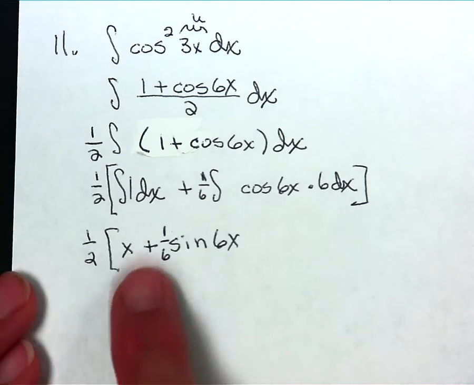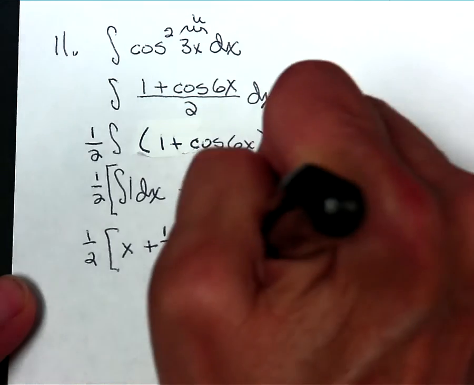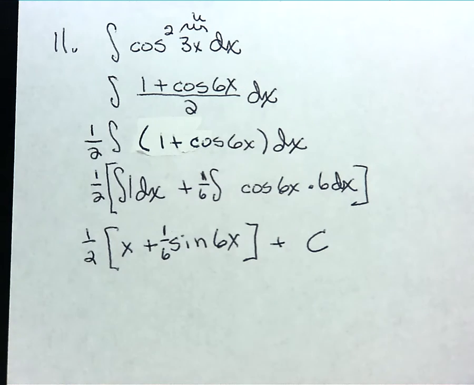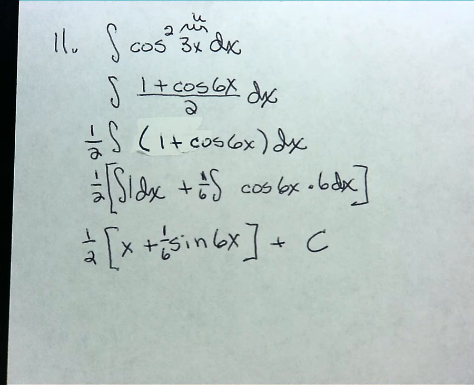That's what I have, so that's correct. And then plus a C. And that's 100% okay. If that's not the answer in the back of the book, what have they probably done? I think they've probably factored out a 1/6.